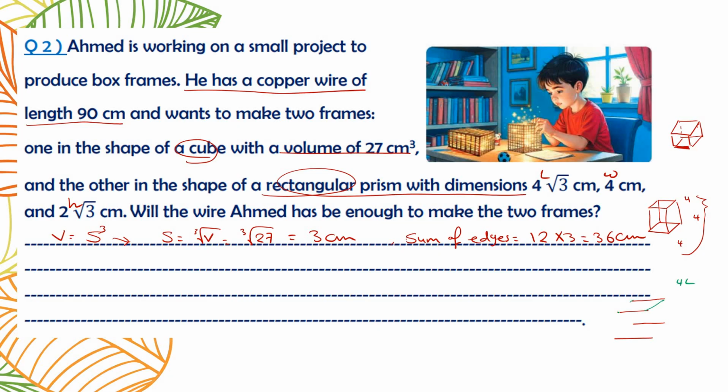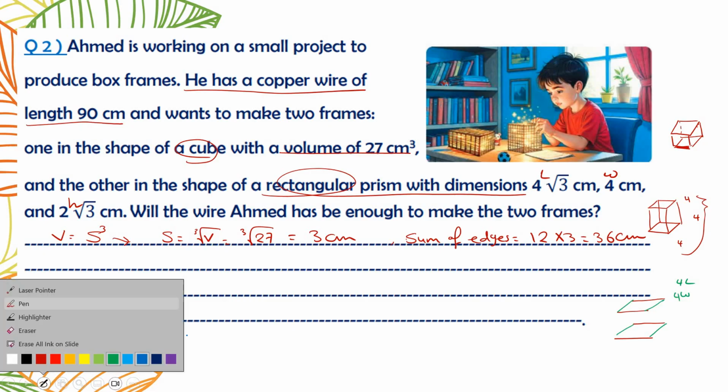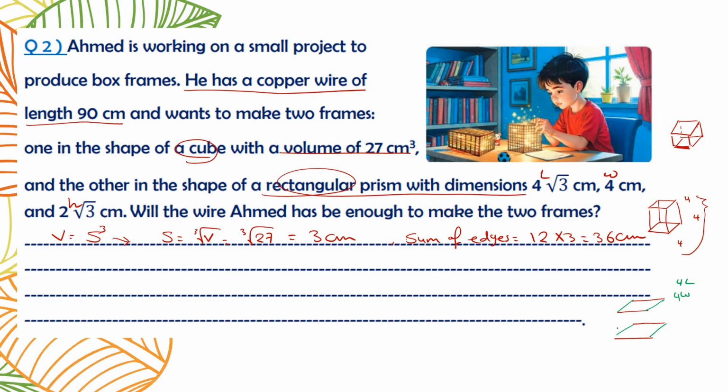We need 1 2 3 4, so we need 4 widths. And what about the height? We need how many heights? 1 2 3 4 to complete the shape, so we need 4 heights. So we need 4 lengths and 4 widths and 4 heights, and we have just 1 length and 1 width and 1 height.